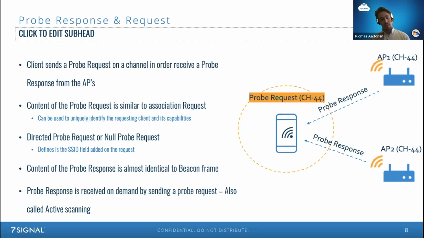And that's why it's called active scanning. So the device goes offline, sends a probe request, and then gets the probe response from the APs on the same channel. So that can happen fast, compared to just listening passively on all channels and waiting for the beacons to arrive.